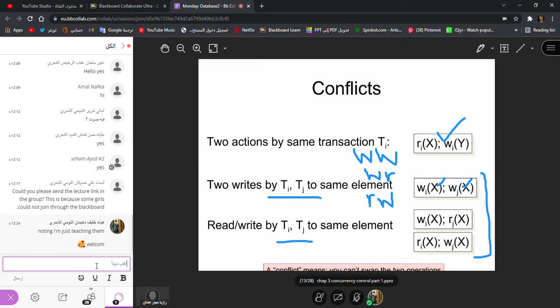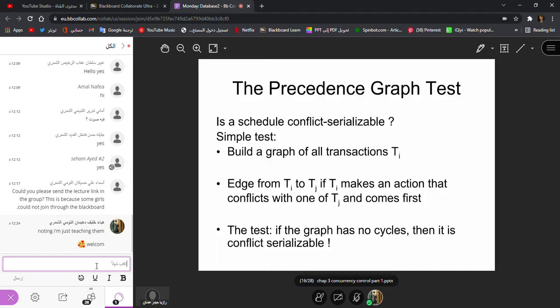Another case is where the transaction is one, but the data elements are two, then there is also a conflict. These pairs you need to remember in order to work with this precedence graph.